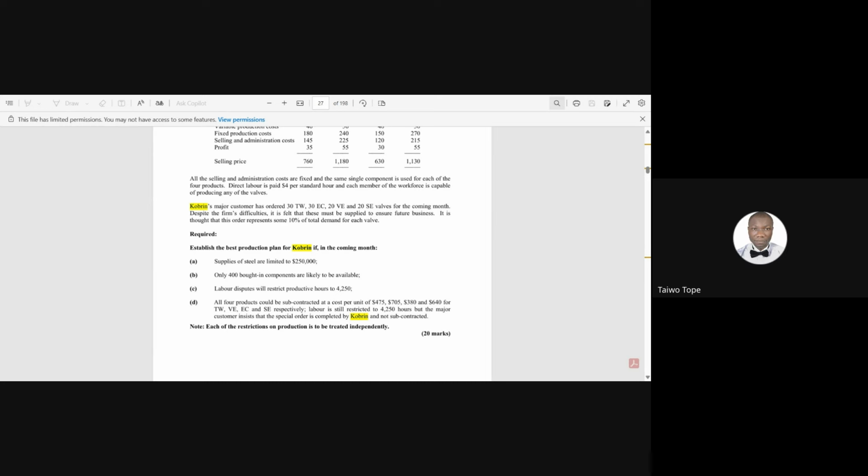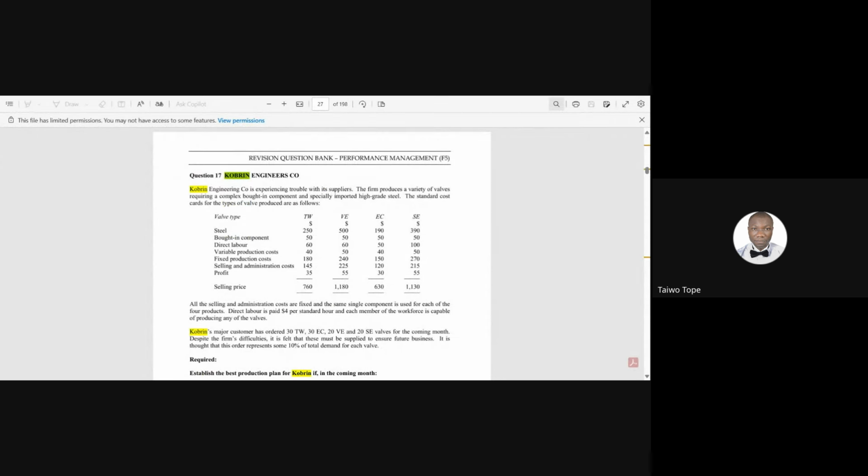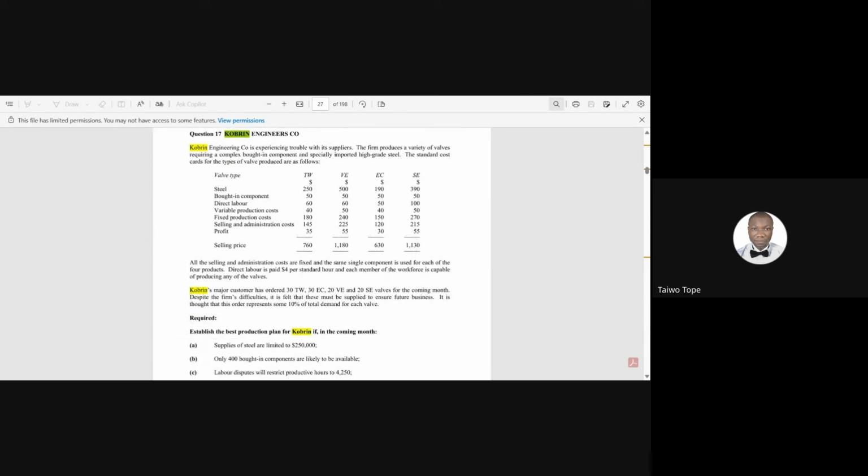All right. Thank you very much for that. Now, some of the key points I want us to note in this question is this. This is a standard cost card. This standard cost card represents the costs of producing 1 unit.